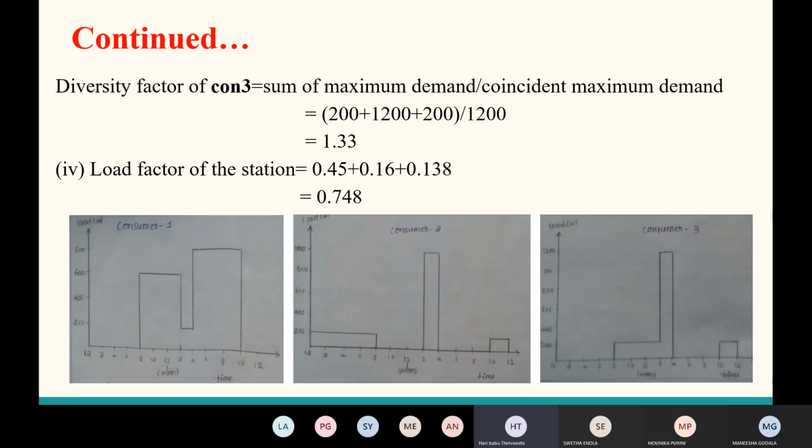So this is the starting one. The curve will be like this: 200, 800, 2400, 800, 400, like this. The curve will come out, right?